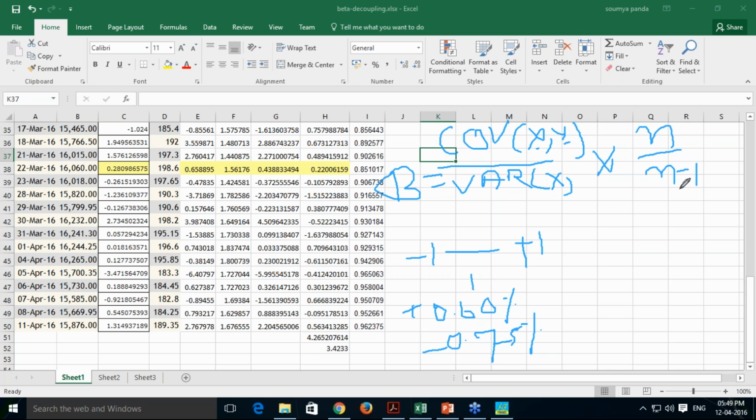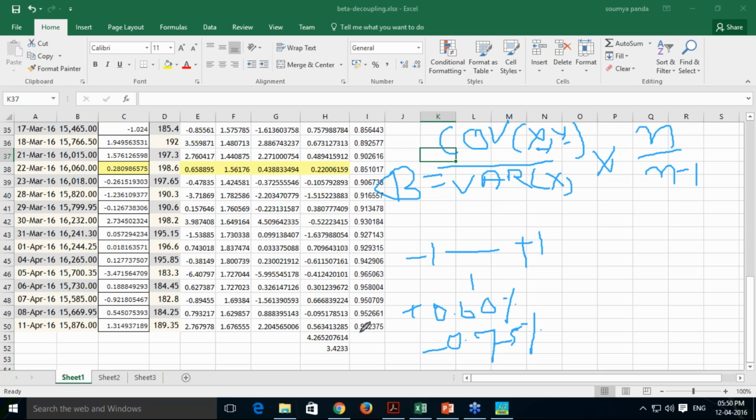So this is how you have to analyze the beta, and based on this beta you have to calculate how much decoupling is present. And x and y will not be the direct price of the instrument, rather the percentage changes they have recorded on different days. So you have to take that into account and calculate a beta.